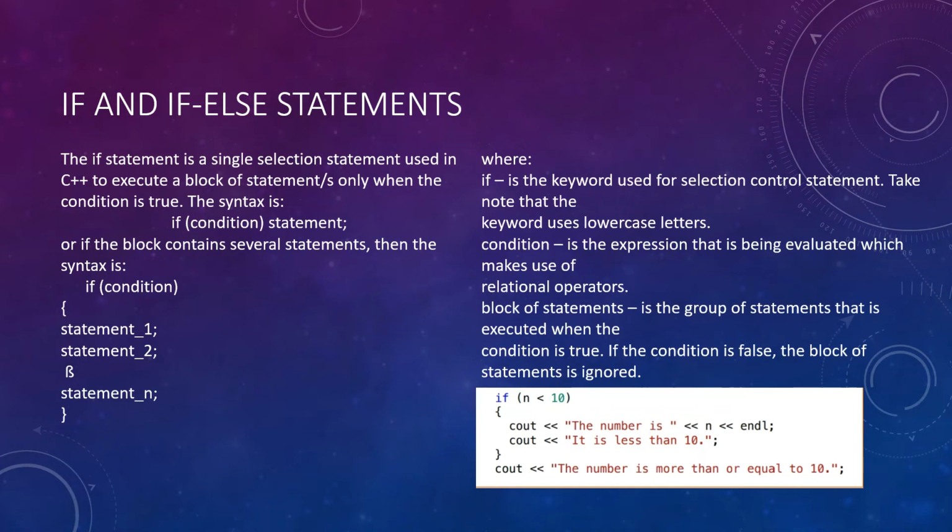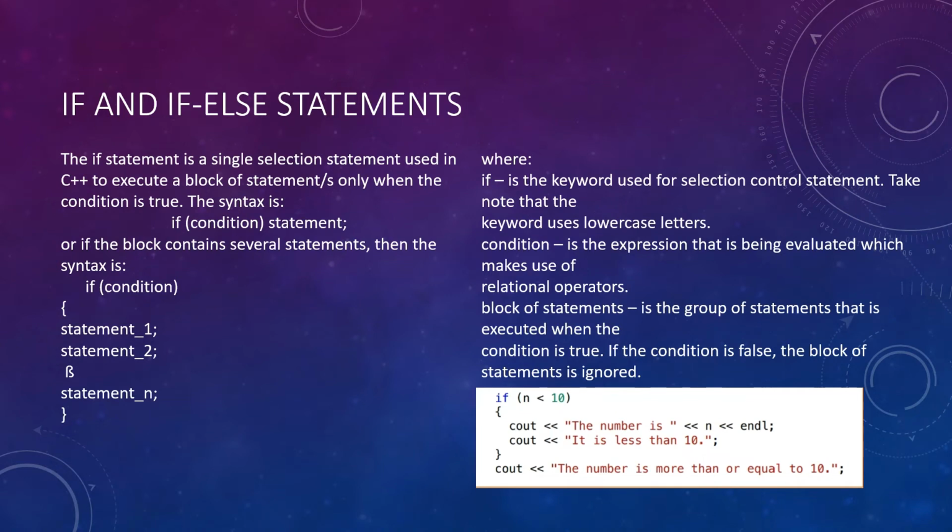The if statement is a single selection statement used in C++ to execute a block of statements only when the condition is true. The syntax is if condition statement, or if a block contains several statements, then the syntax is if open parenthesis condition and then close parenthesis.